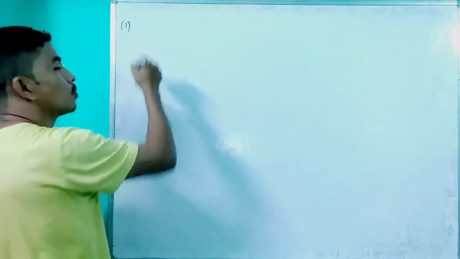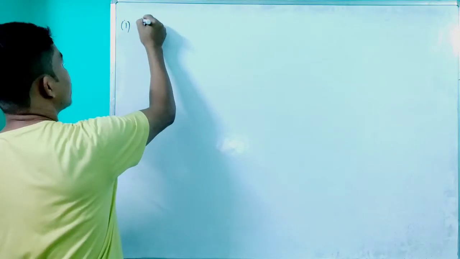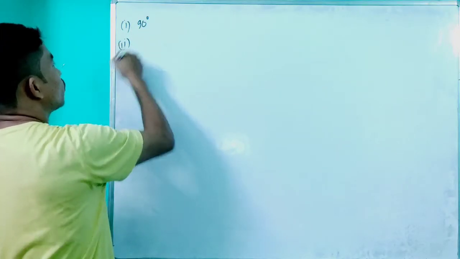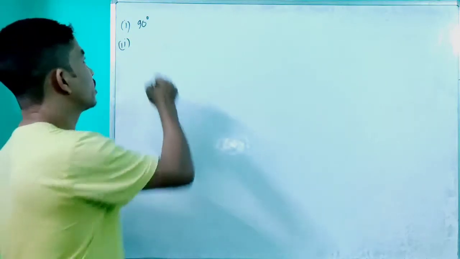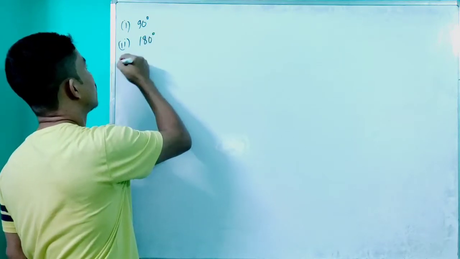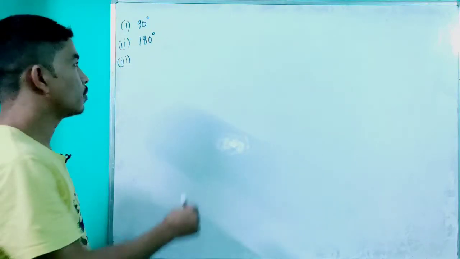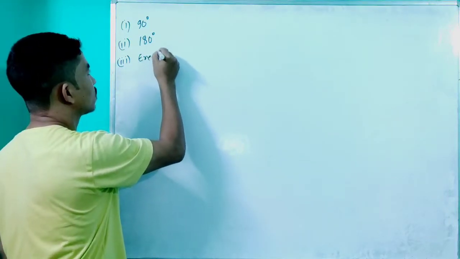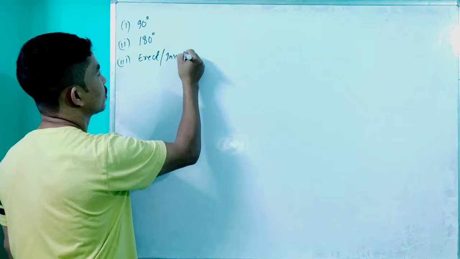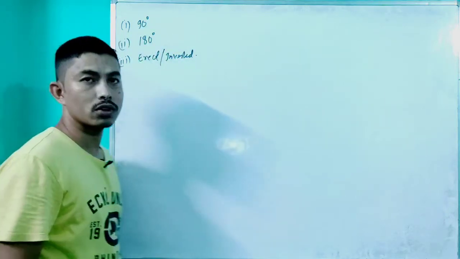The first is that we can deviate a ray of light by 90 degrees. The second is that we can deviate a ray of light by 180 degrees. And the third application is that we can erect an inverted image. Let us see one by one how to draw the ray diagram.